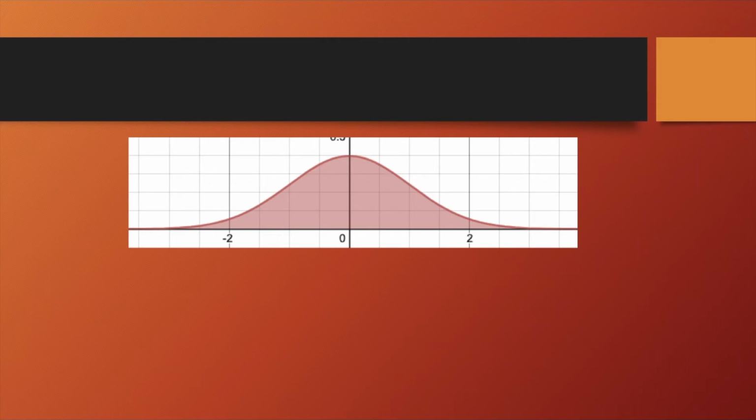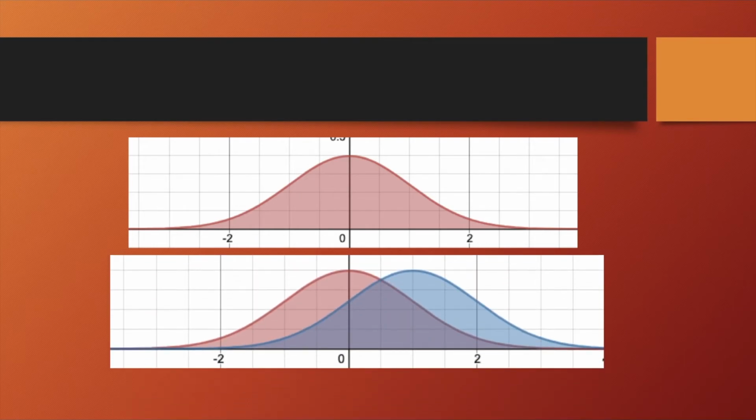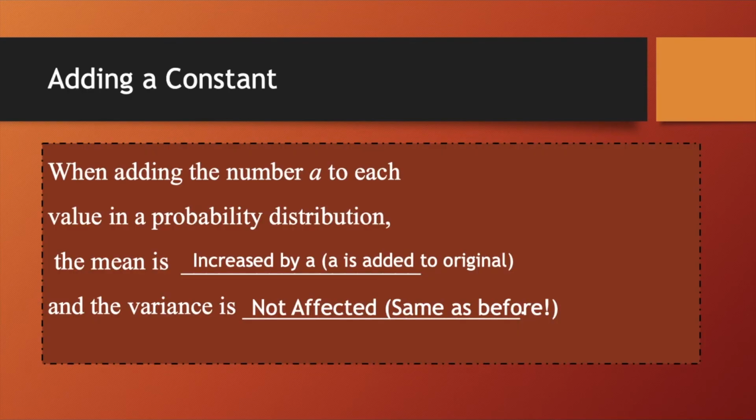Envision in your head what my new graph would look like. That's right, if I added a constant value, the shape of the red graph does not change at all, and the blue graph is just basically that red graph moved over by the amount I added to it. Since variance and standard deviation measure how spread out your data is, nothing changes when I add a constant, because the spread remains the same; simply the mean moves over by that amount.